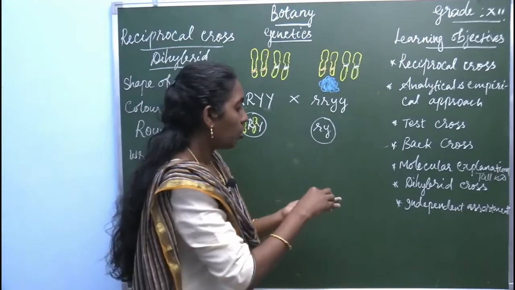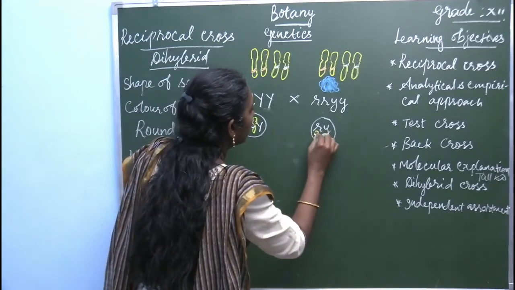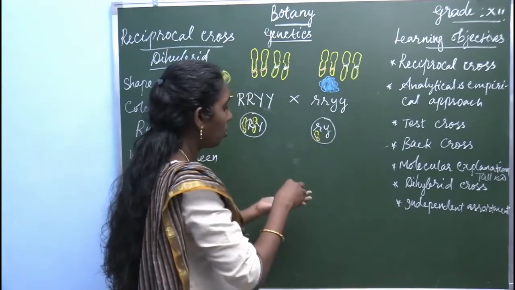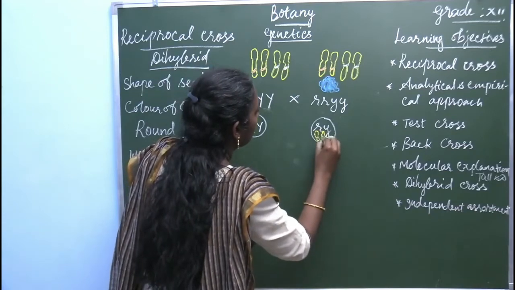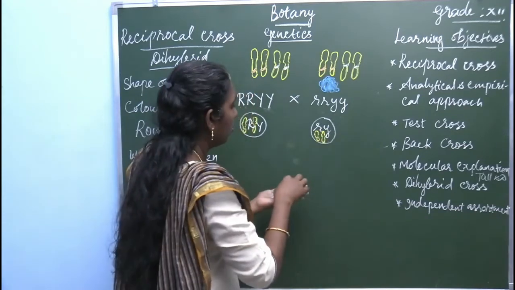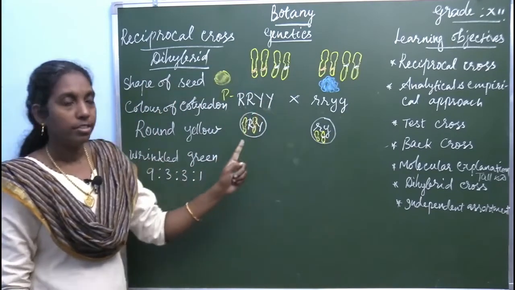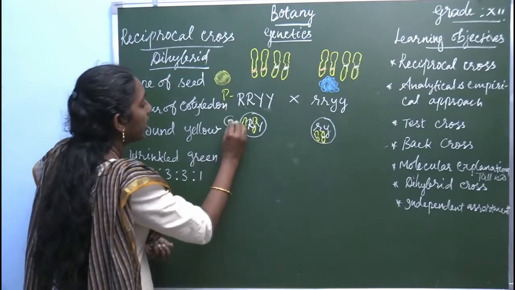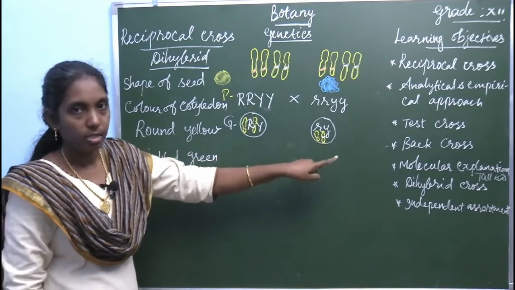Here small r and small y with this. So chromosomes are carrying genes. So this is the parent, and these are the gametes. Gametes are capital R, capital Y, small r, small y.